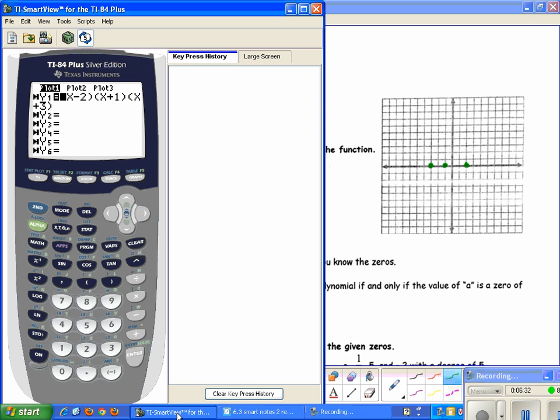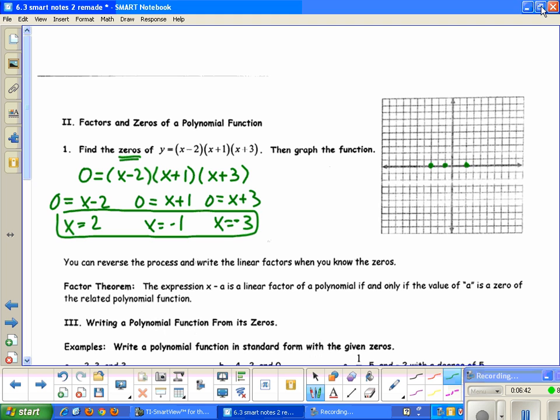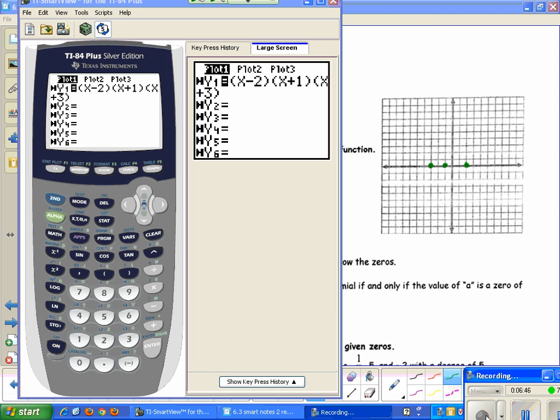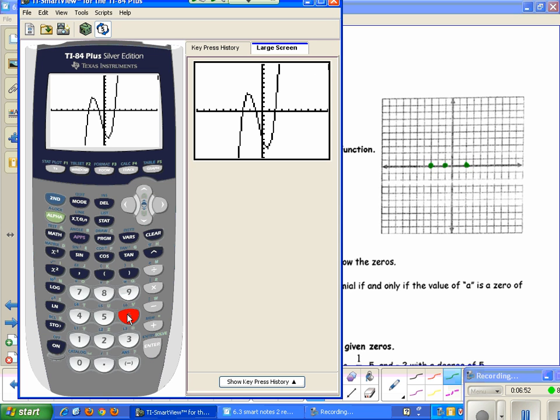I'm going to get out my graphing calculator, and then I'm going to plug the equation into my y equals. Notice I plugged it in exactly how it is seen on your paper. After you plug it into your y equals, we're going to just hit zoom 6 to look at a standard window from x values -10 to 10.